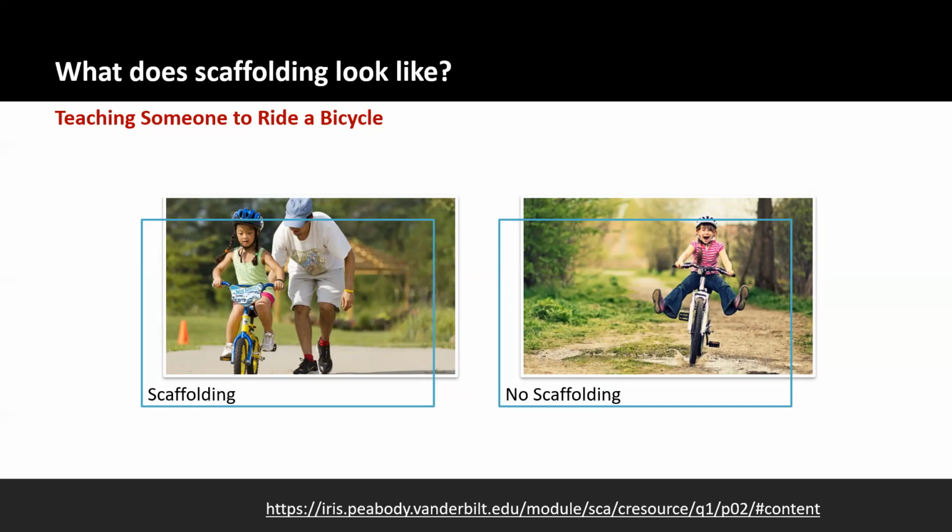And then he said, okay, here's some tips. You can see on the screen in the picture on the left, there's scaffolding where there's some support. Maybe there's a person guiding the child when they're learning how to ride a bike. Maybe there's some training wheels.